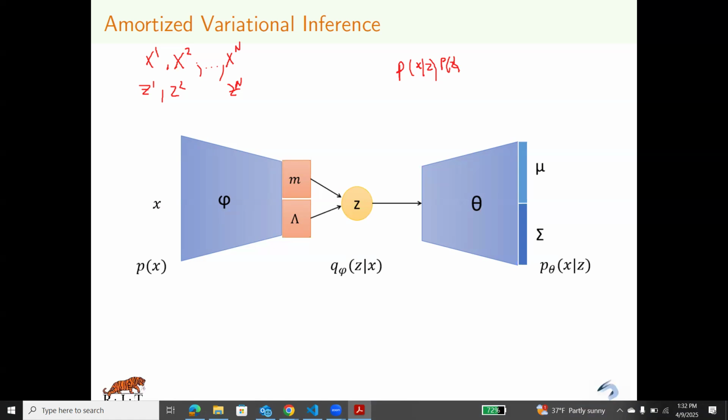And this is the entire model of the variational autoencoder. We have two neural networks. One is called the encoder. The second is called the generator, because the second generates images. And now actually we can have this representation for arbitrary input x.